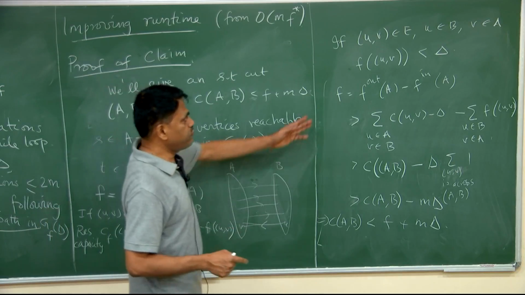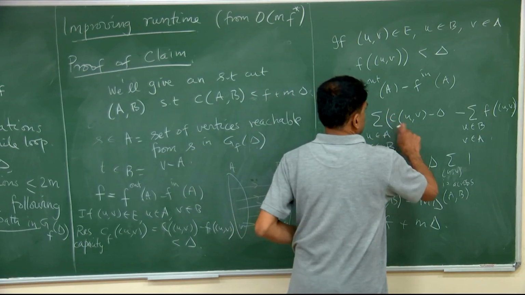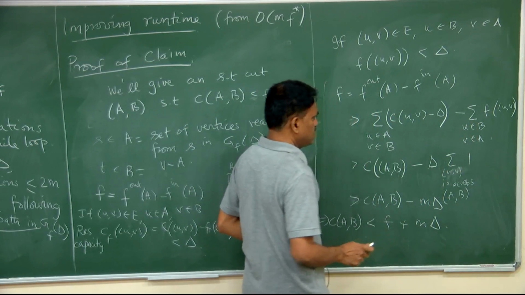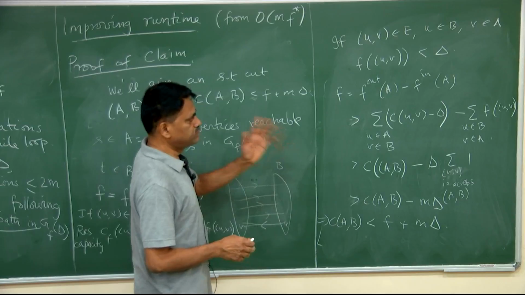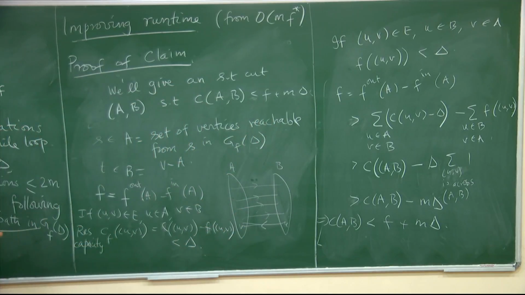So for F out minus F in of A, you just put this minus delta minus this, do some calculations and you get this. Since I produced a cut whose value is less than F plus M delta, the max flow is at most F plus M delta. This follows, and we have the running time.